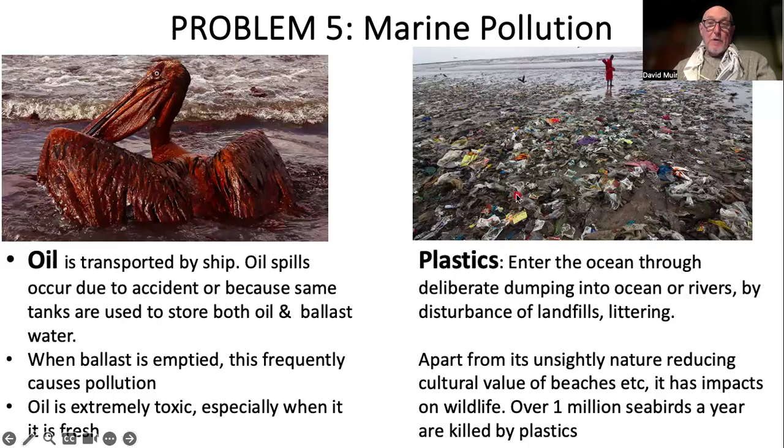Our second major source of pollution in marine systems are plastics. Plastics can enter through deliberate dumping, which frequently happens either into oceans or into rivers. But plastics also originate from landfills, for example.